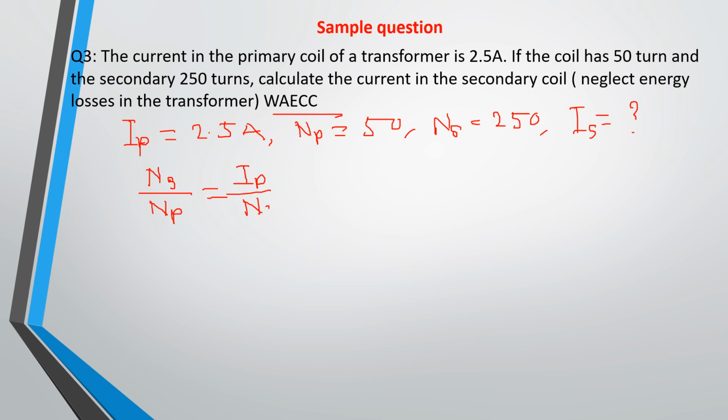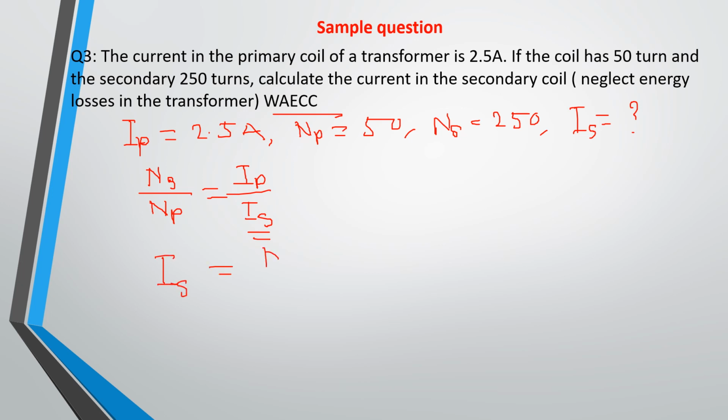Remember, we said that current is inversely proportional to number of turns. So having written this, you can make current in the secondary the subject of your formula.